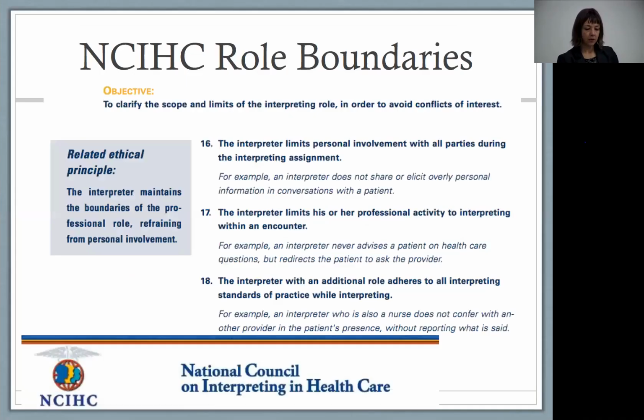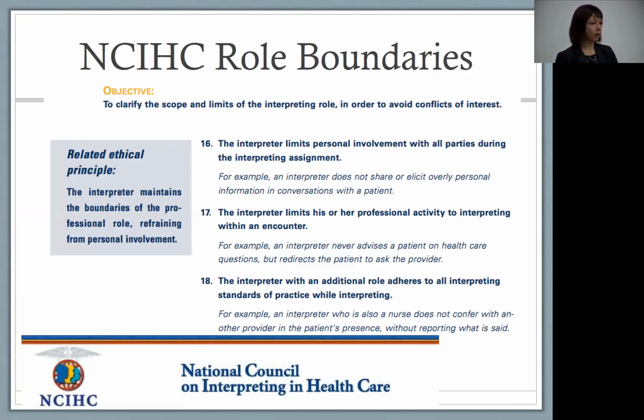So now let's talk about role boundaries. I'm switching over, and I was thinking about this a little bit more today, and to me, the impartiality standard is kind of about your internal feelings. You're doing the internal work so that your delivery and your understanding isn't affected. Whereas role boundaries is kind of the external work.